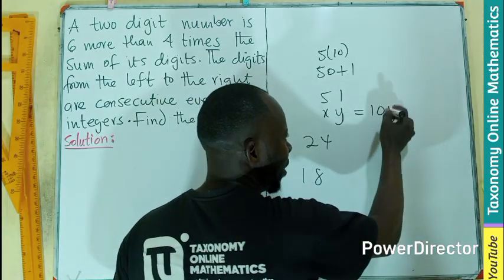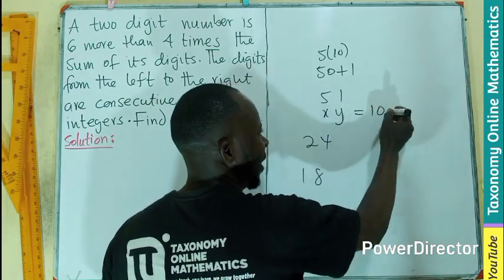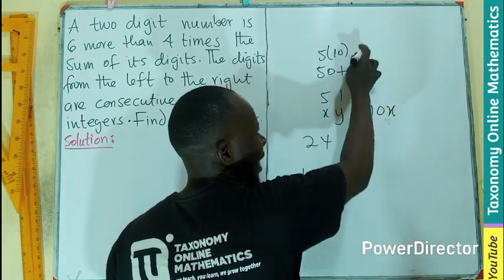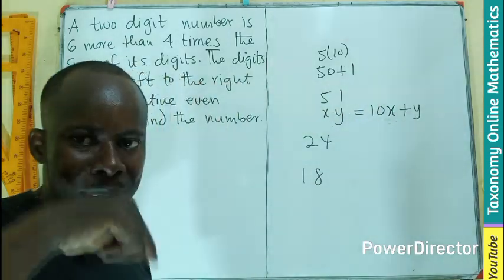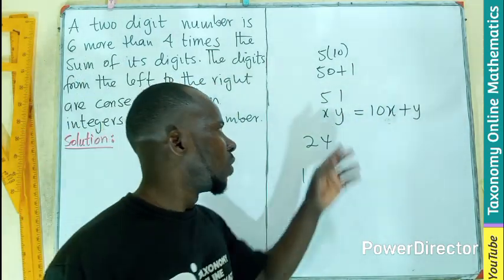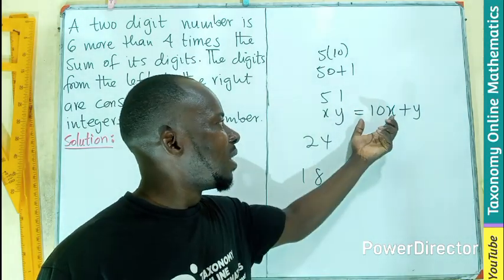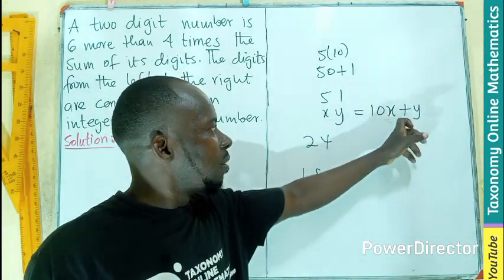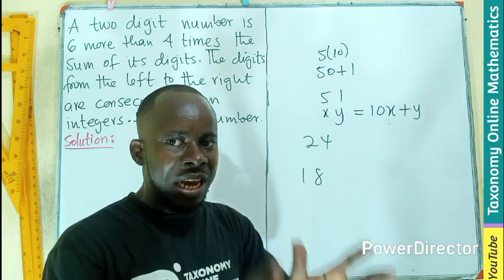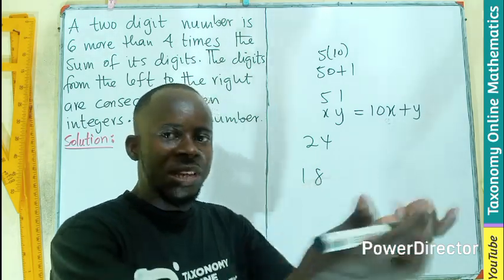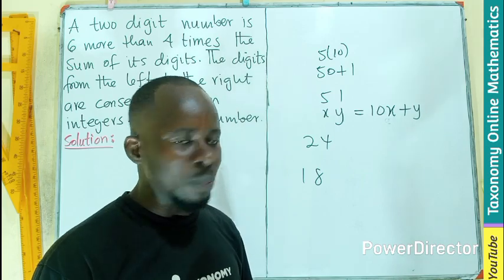So I should multiply this by 10, then the 1 is just in the ones position, so I have this. So the number I am thinking about is not xy, but rather what? 10x plus y. That's the number that you are thinking about. That is the two-digit number with each place value placed in its respective position.